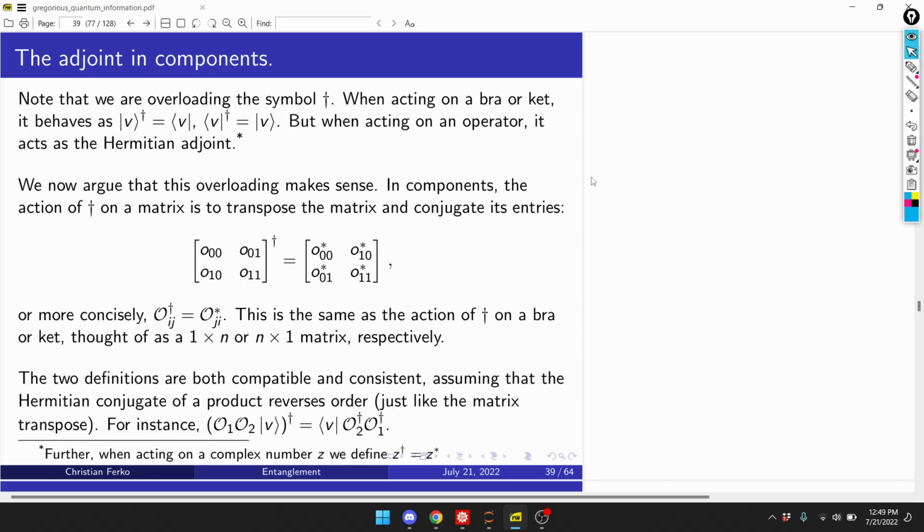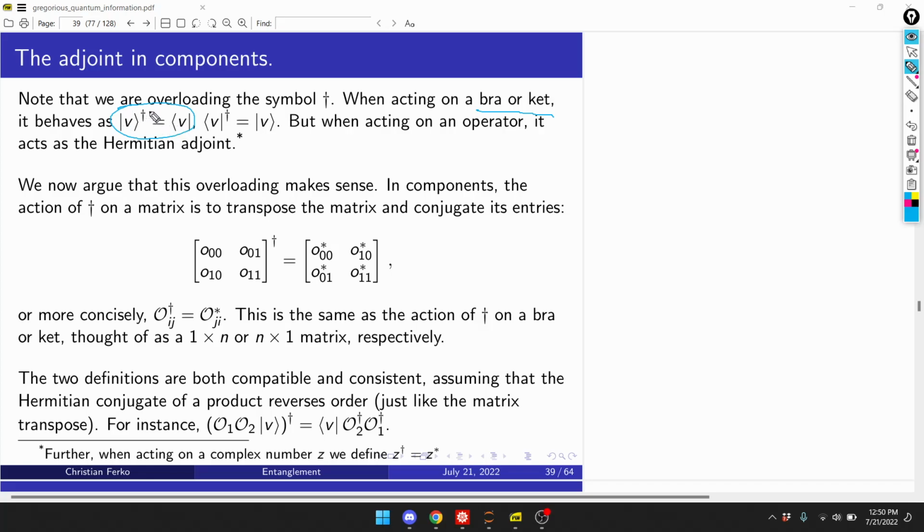Okay. What does this mean in components? So again, we're focusing on finite dimensional Hilbert spaces. Let me restate essentially what I just said a moment ago. We are overloading the symbol dagger. What does overloading mean? The word overloading means we are defining a symbol to do different things in different contexts. What are those contexts? When the dagger acts on a bra or ket, I have defined it to give you the image of that object under the isomorphism between H and H dual.